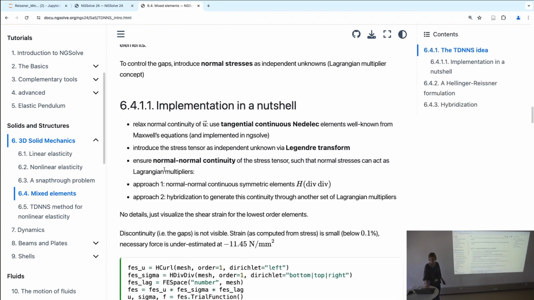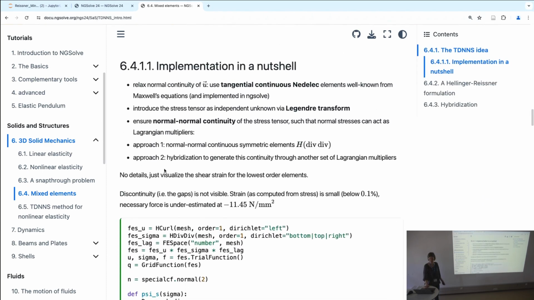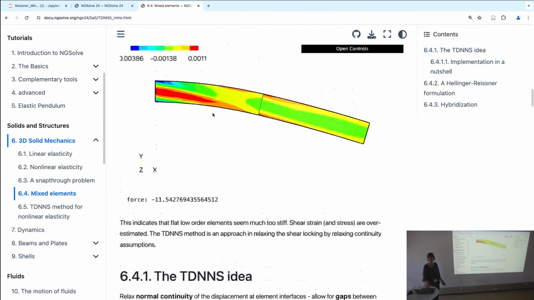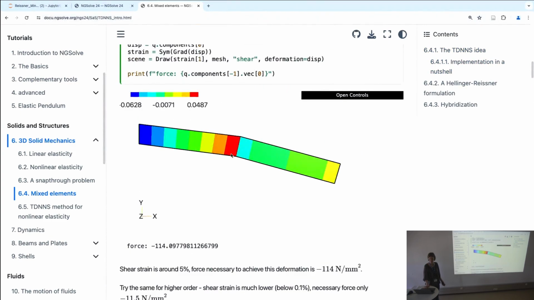And the idea, in a nutshell, is that we relax a little. This is very stiff, so we relax at this edge here. Essentially, we give the deformation the capability to have some gap opening up here, like to have some of the shear in this gap.